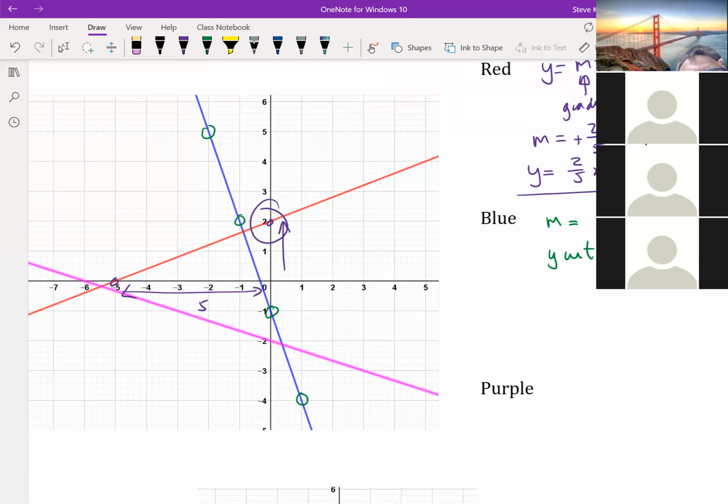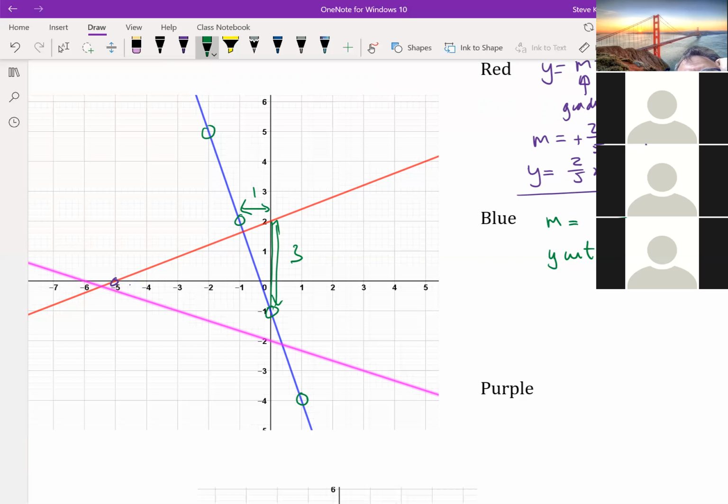If I just take out these markings over here from the previous graph, what is my rise now? So my rise is that distance going up there, and that's a rise of 3. My run is a run of 1. So my gradient is going to be 3 over 1.